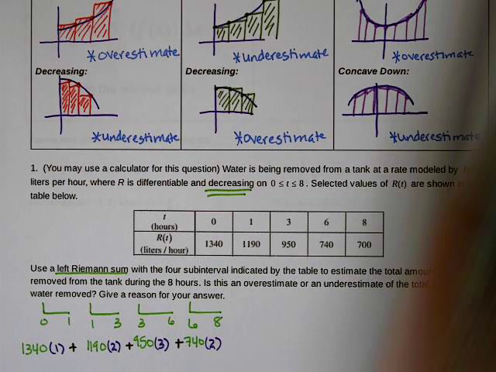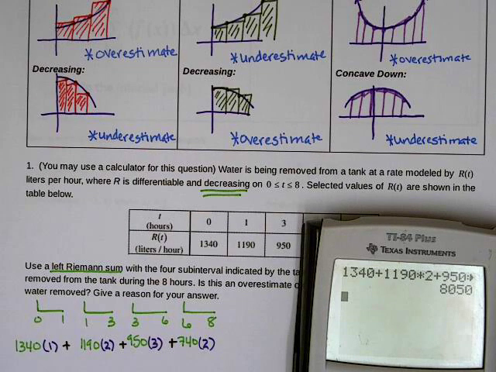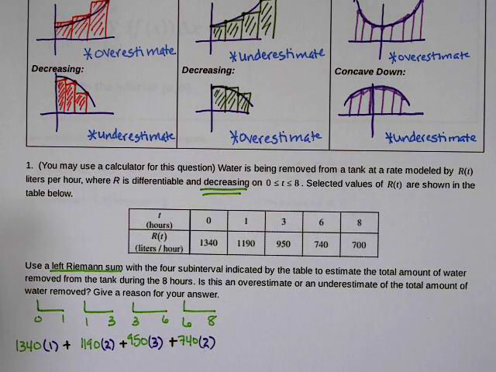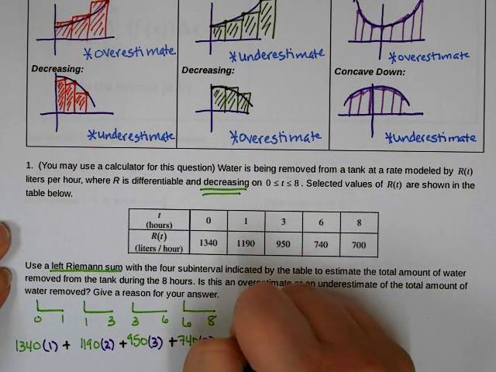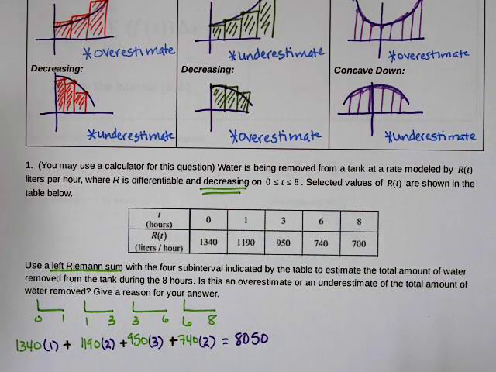So grab your calculators, do it real fast. Let's see, 1340, 1190, 950, 740. All right, I got 8,050. So let's think back to what we were actually doing.